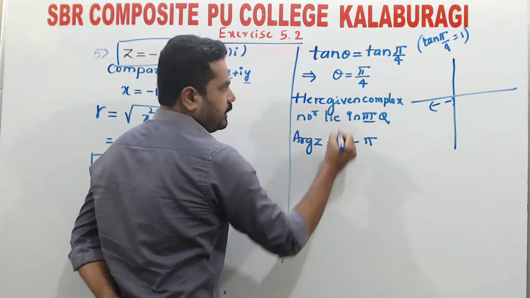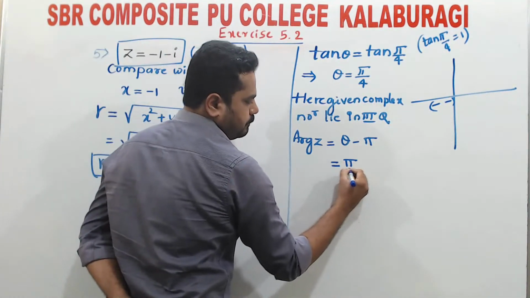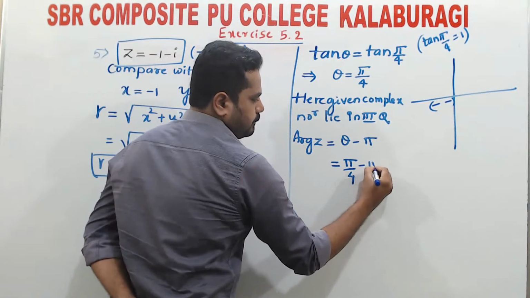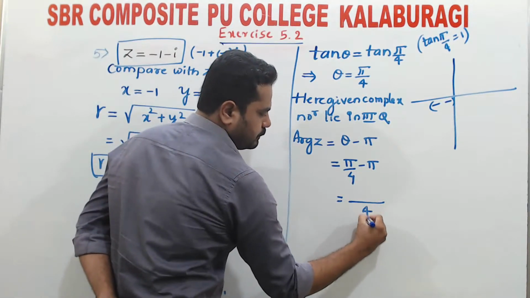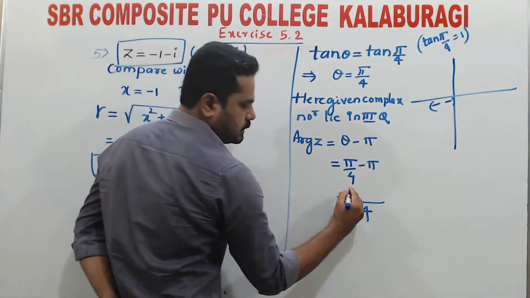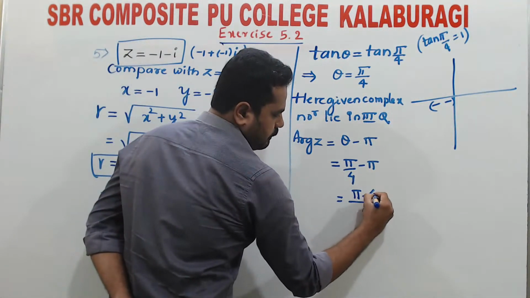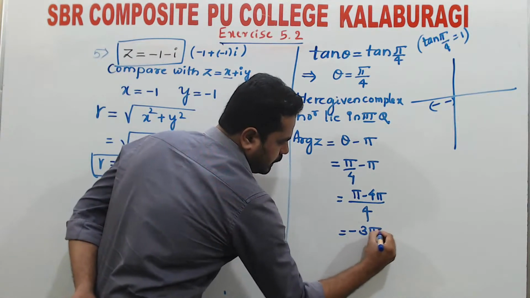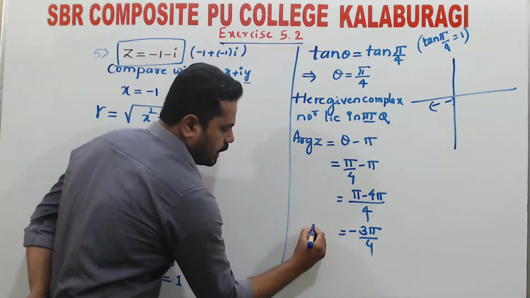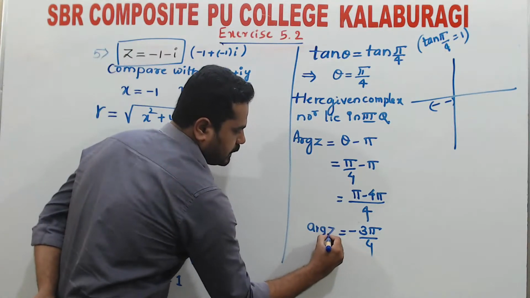And what is our theta here? Theta is pi by 4 minus pi. What is the LCM here? The LCM is 4. With cross multiplication, this is pi minus 4 pi, and this is minus 3 pi divided by 4. And this is our argument of z.